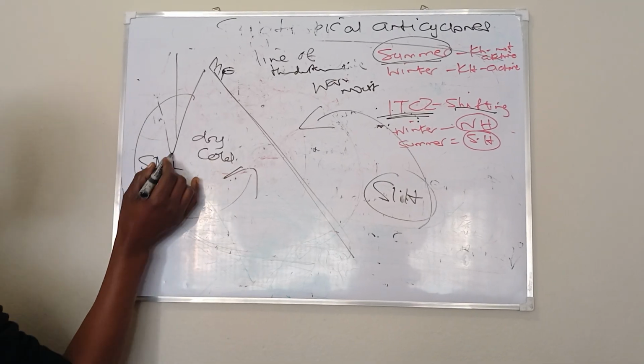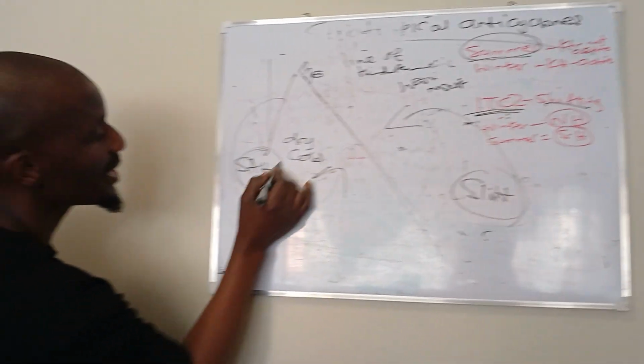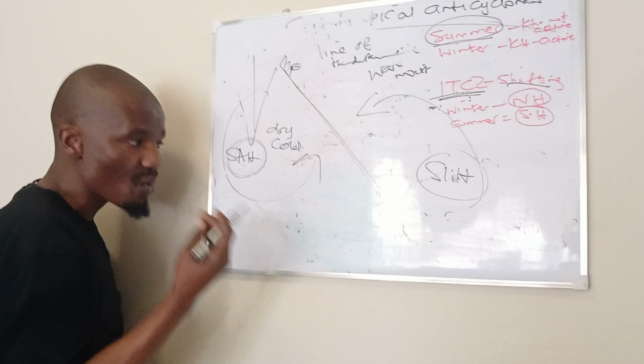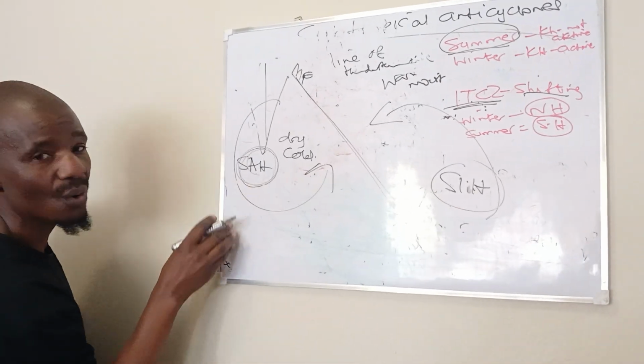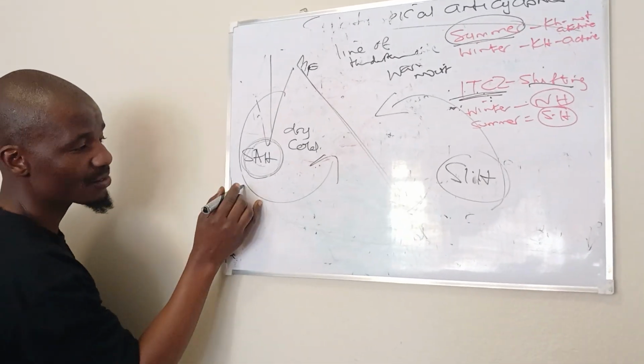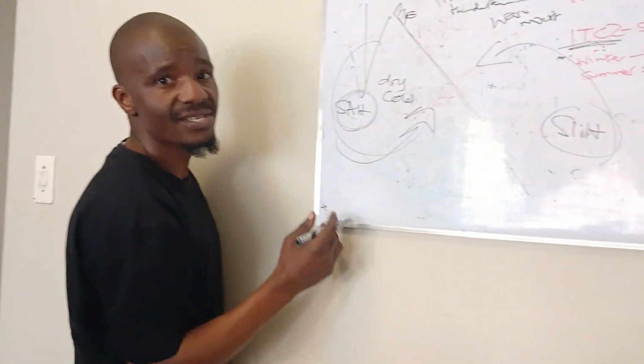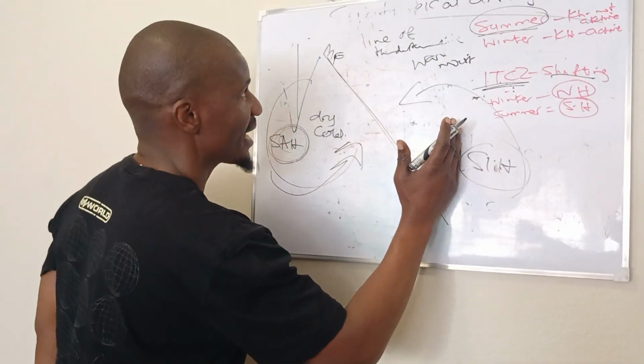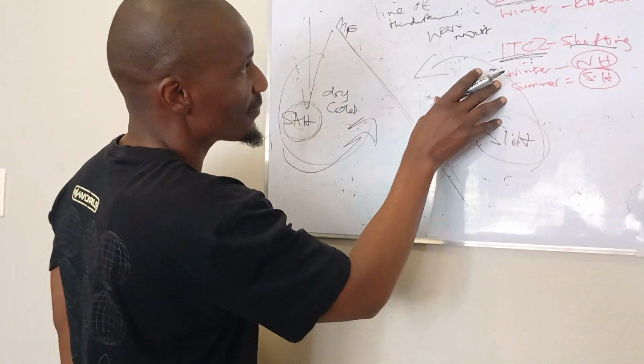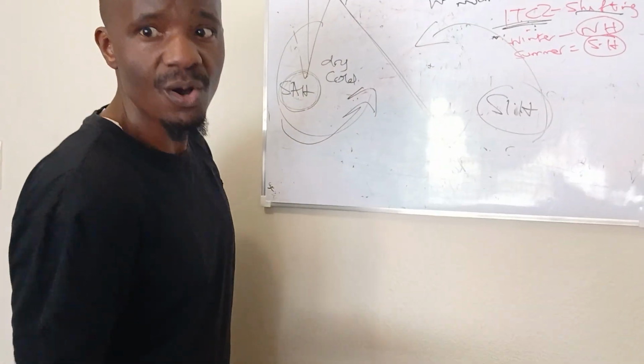Why? Because the dry and cold air does not hold moisture. It's coming from the cold Atlantic Ocean, so it does not hold a lot of moisture. Hence we have clear skies and dry conditions, but on the eastern side we have the line of thunderstorms and unstable weather conditions.